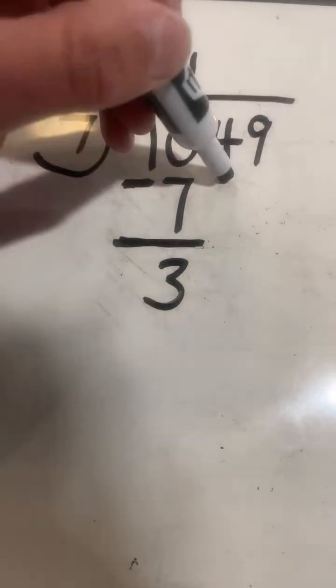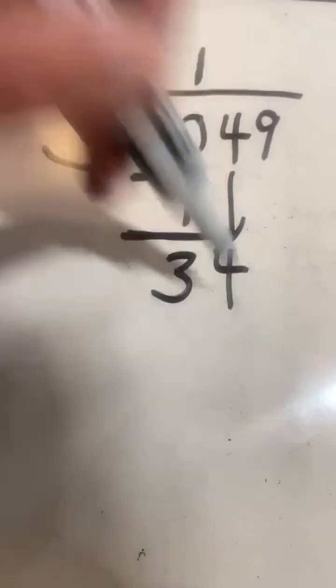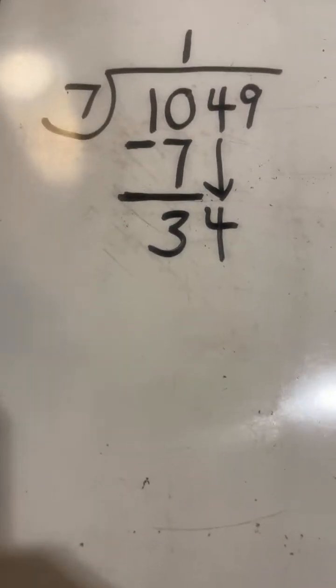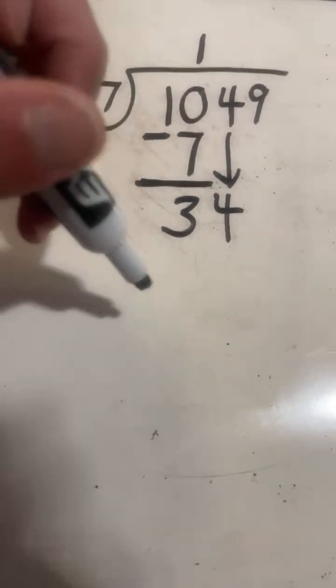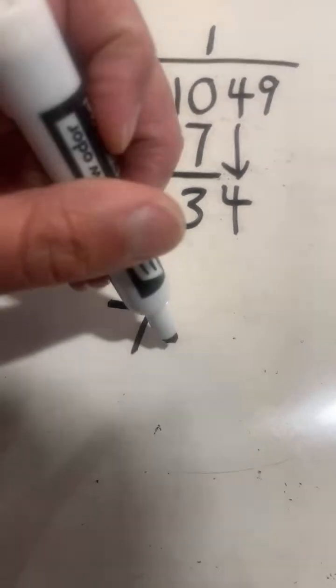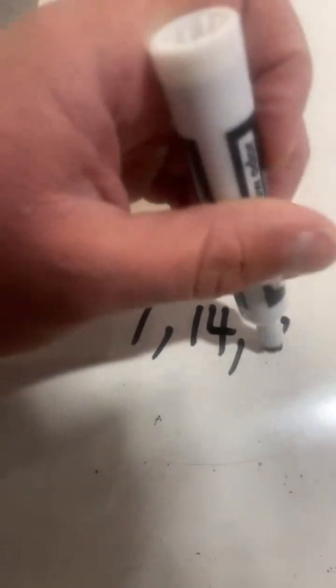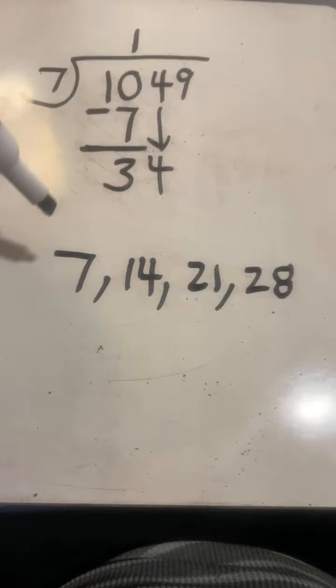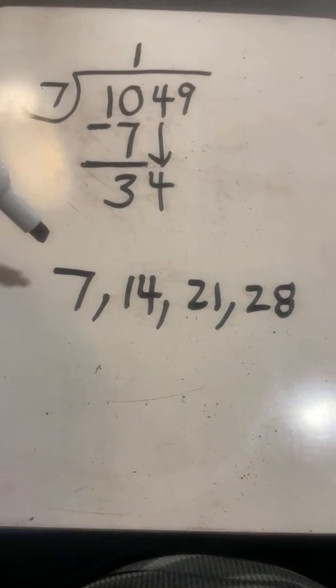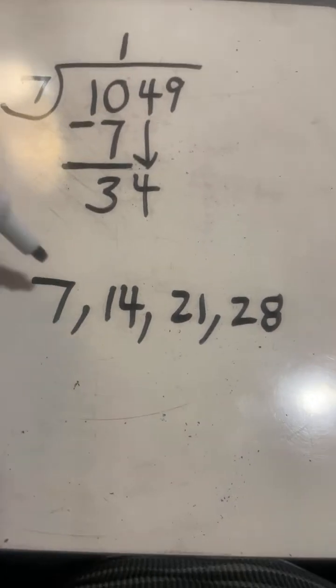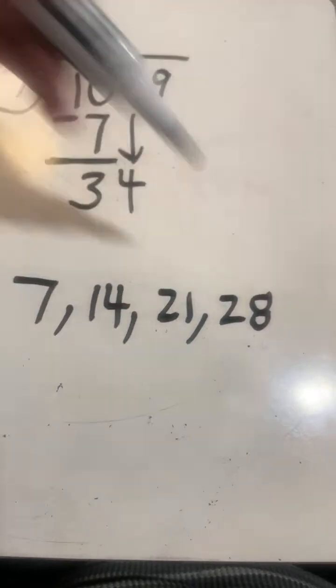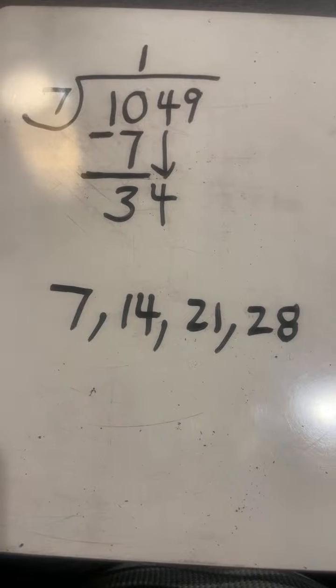Next, we bring down the 4. That 3 becomes a 34. Now we have to figure out how many groups of 7 go into 34. So we're counting by 7s now. 7, 14, 21, 28. Now if I count by 7 again, I'll be at 35, and that'll be too far. But I was able to get 1, 2, 3, 4 full groups of 7 within 34.